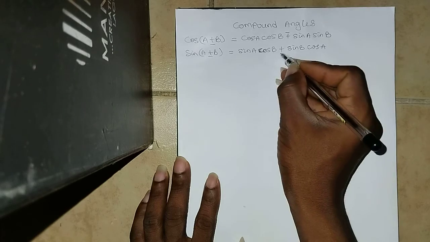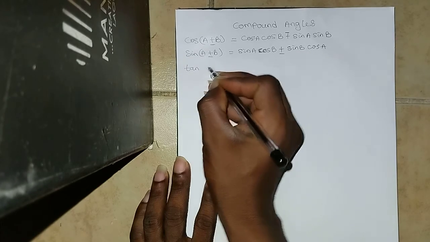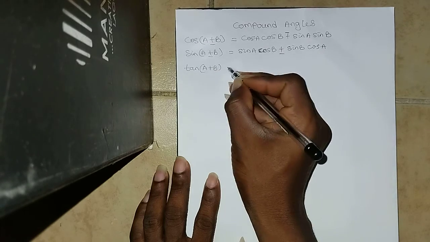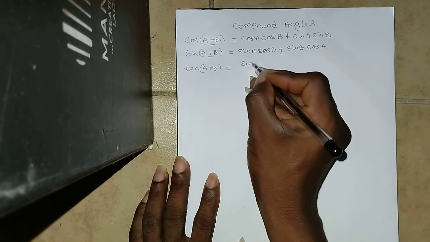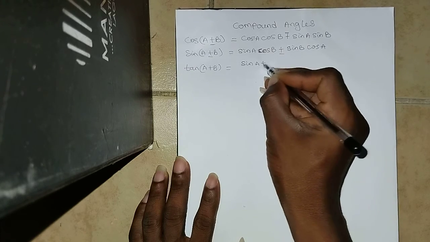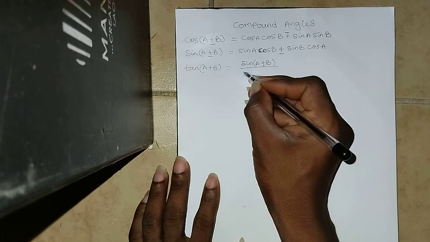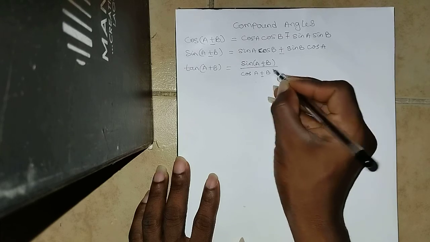When it is minus here, this place remains minus. And the last one, tan(A + B) will be equal to, we should know that tan is what? Sine(A + B), whether minus or plus, and then over cos(A + B), whether minus or plus.